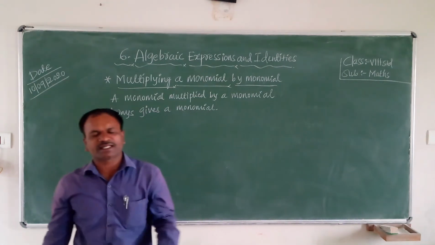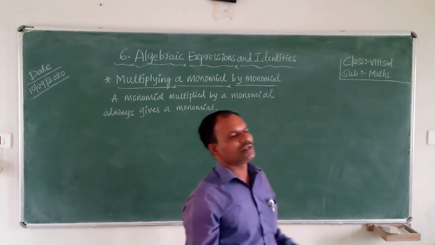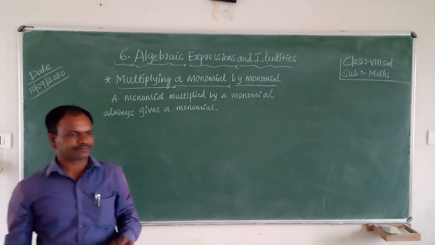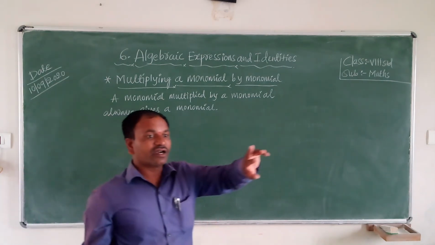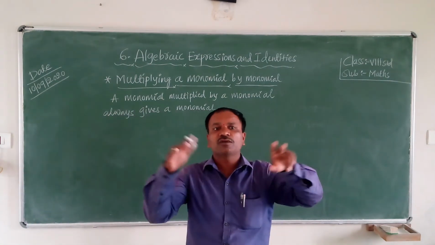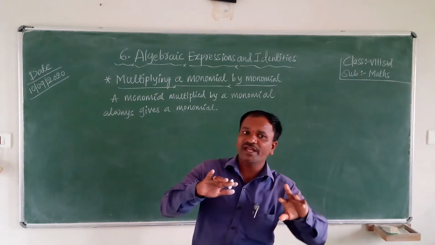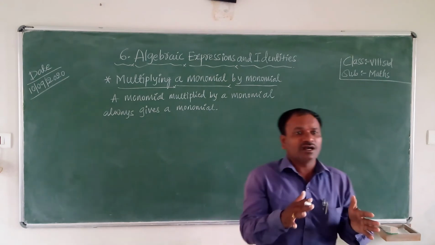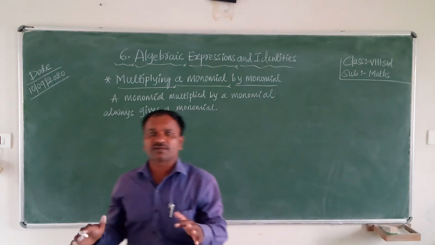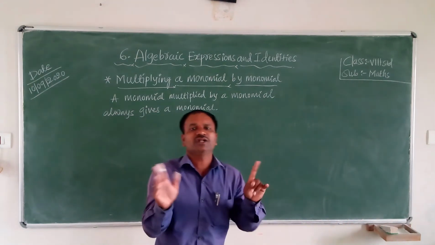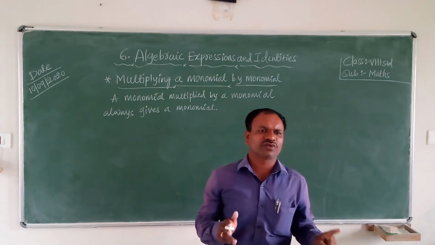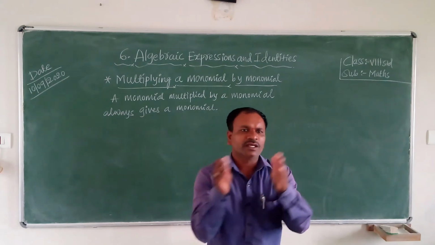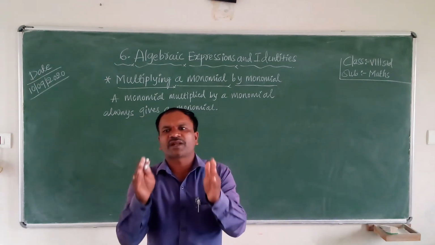So the next exercise, 6.2, is monomial by monomial. How to multiply? Different variables also we have to multiply. But for addition and subtraction, different variables and different powers are unlike terms, so don't add and don't subtract. Clear, my dear students? Same variable, same here, we add or subtract.